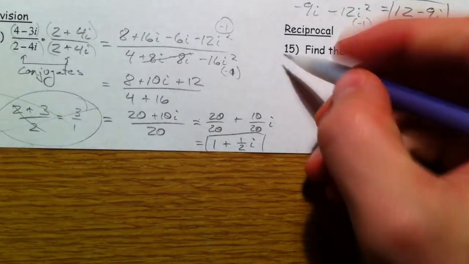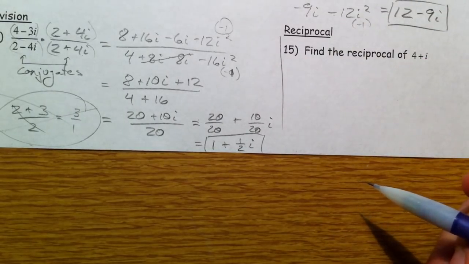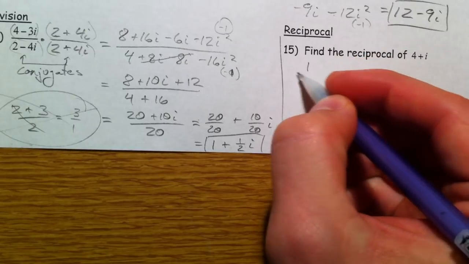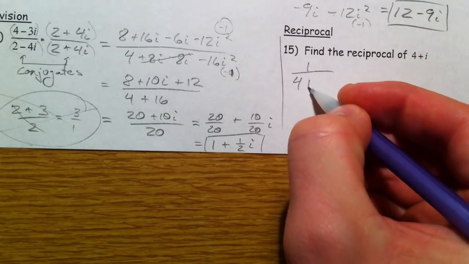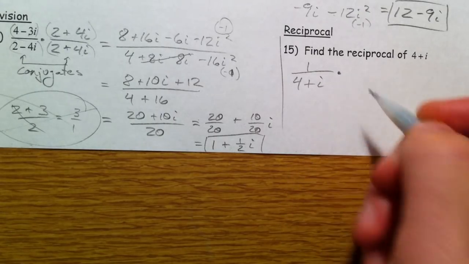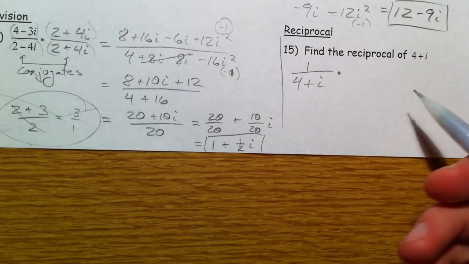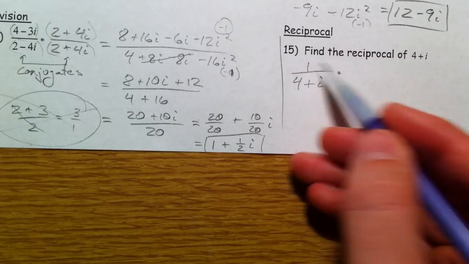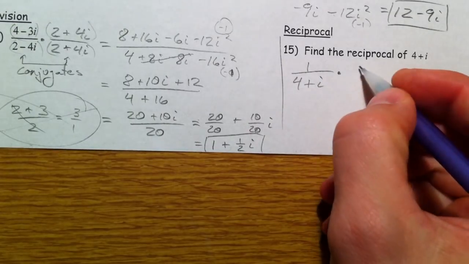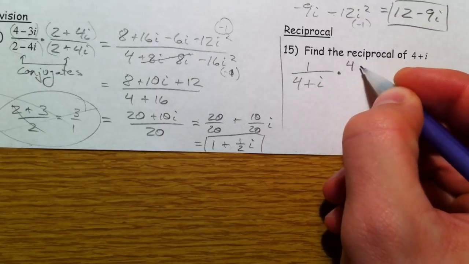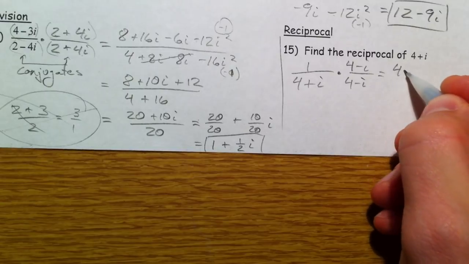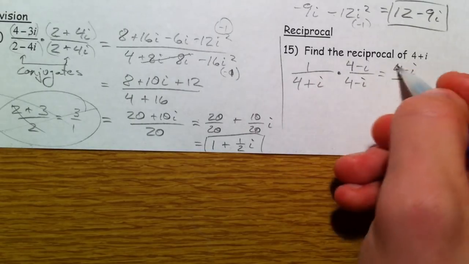So, let's find the reciprocal of 4 plus i. To do that, we are going to usually just flip it over, right? Put it underneath 1. That's just how you find reciprocals. Anything times its reciprocal is 1, so 1 divided by that number will find you the reciprocal. We are going to multiply this by the conjugate, like we just did on the last problem. And we get 4 minus i on top, so 1 times anything.